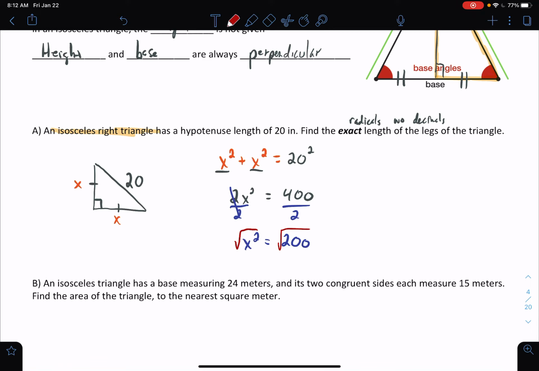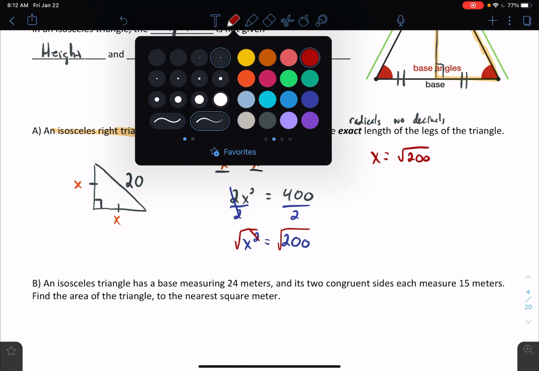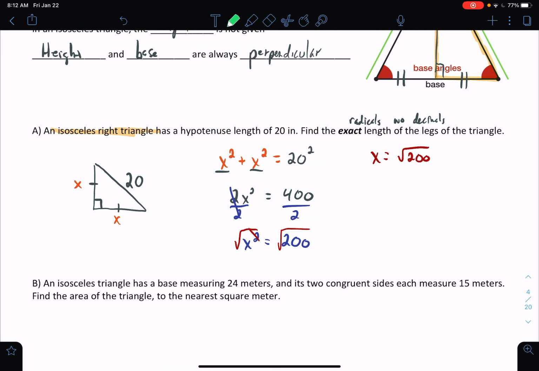So square rooting an exponent of 2 cancels it out. So we've got x equals the square root of 200. It's asking for an exact answer, so I need to simplify this radical. So simplifying the radical, I want to break it down. So square root of 200, I could break that down into square root of 2 times the square root of 100.